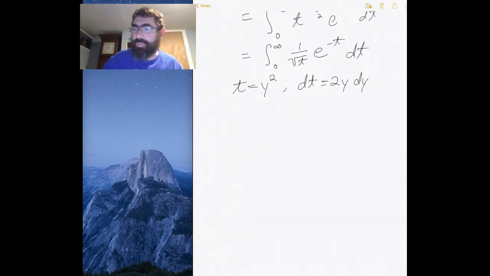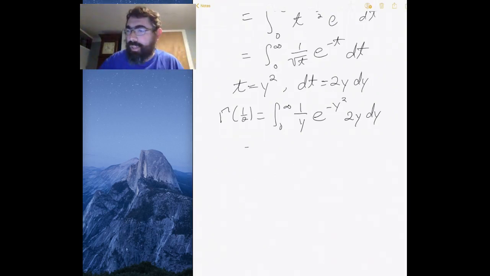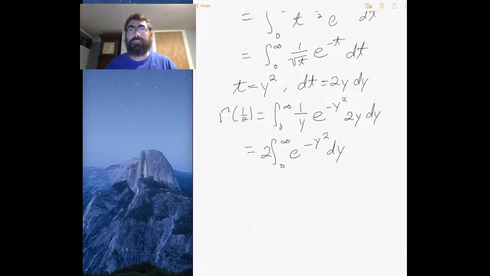And if that's true, then our integral becomes 1 over y, since the square root of y squared is just y, e to the minus y squared, 2y dy. That's interesting because now the y's cancel, and I'm left with the integral of 2 e to the minus y squared dy.